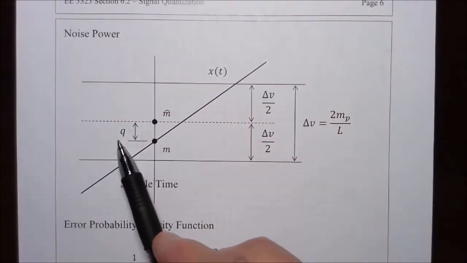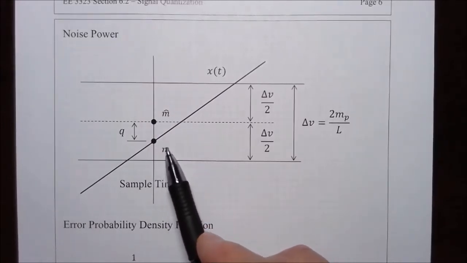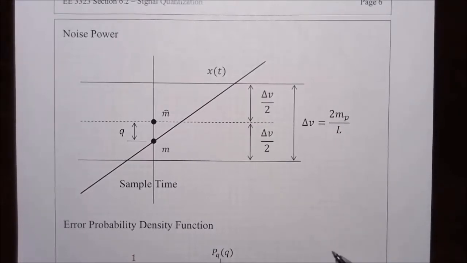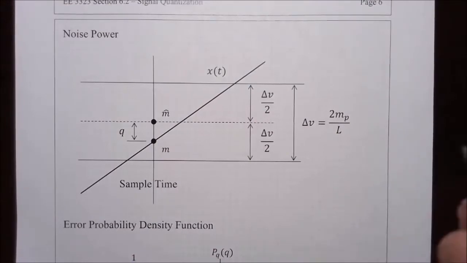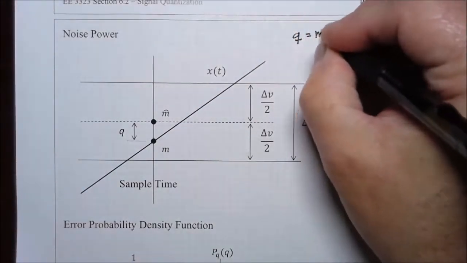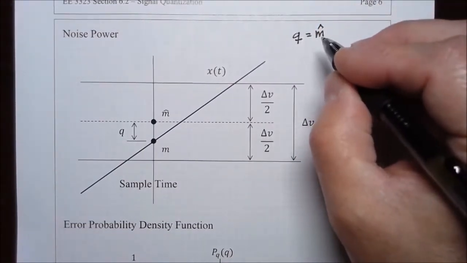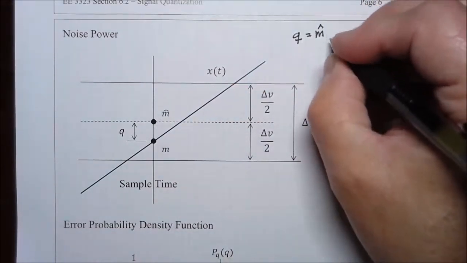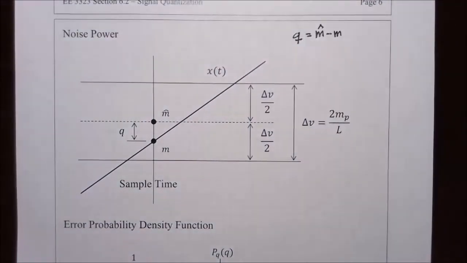And the error is going to be m hat minus m. That will give us the error, and we set that equal to the value q. So the error q is equal to m hat, the standardized value for the measured value, minus the actual measured value m.